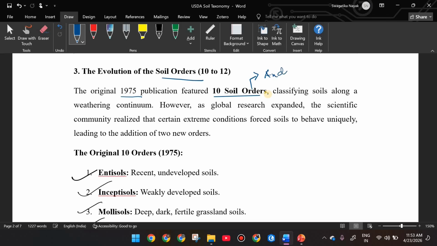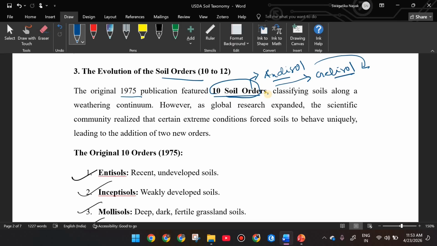They are the Andisol and the Gelisol, because these two do not fit the basis of classification used for the other 10 orders.